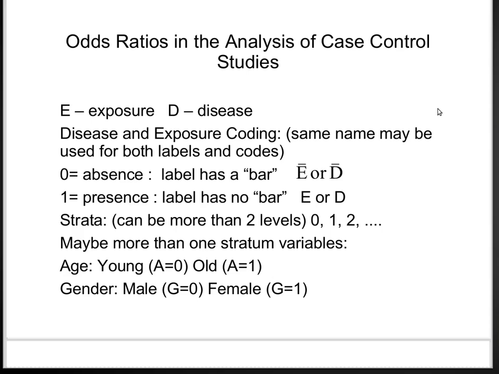So we have the same labeling as before, exposure and disease, and we can have the strata. What we've seen so far in sessions 1 and 2 are examples where there's no strata, the so-called crude situation. There's where there's one strata with two members or two levels.